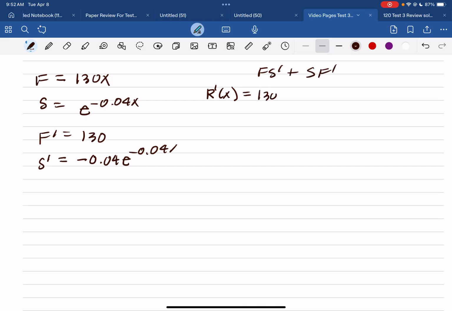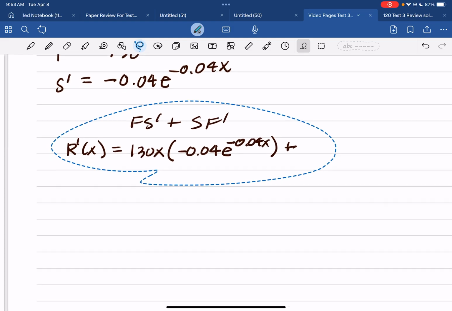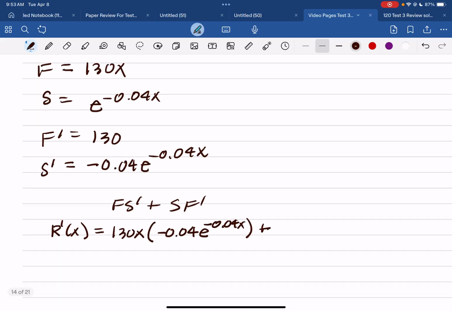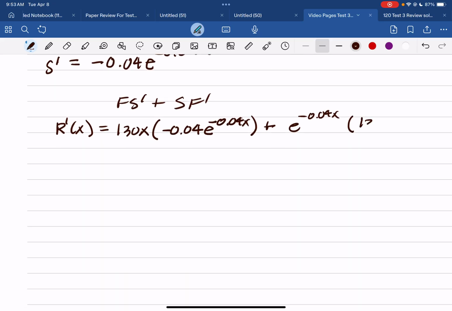So 130x times negative 0.04 e to the negative 0.04x, plus the second: e to the negative 0.04x times the derivative of the first, which was 130.